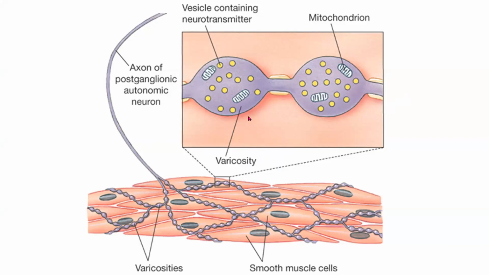They're the mitochondria, and they have these varicosities which supply the energy, a constant energy. Axon is a nerve fiber, and postganglionic is the ganglia in the spinal cord. So this is past that, so don't worry about that part. But they surround the smooth muscles, and these varicosities supply the energy.